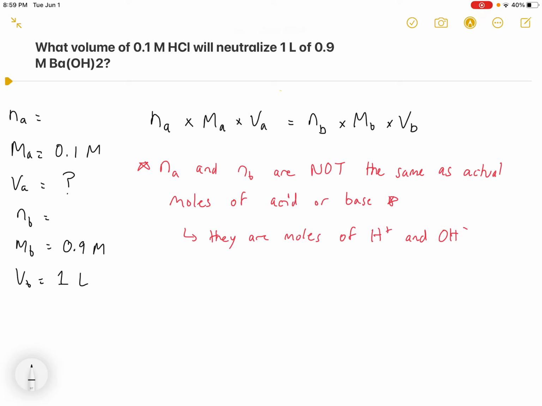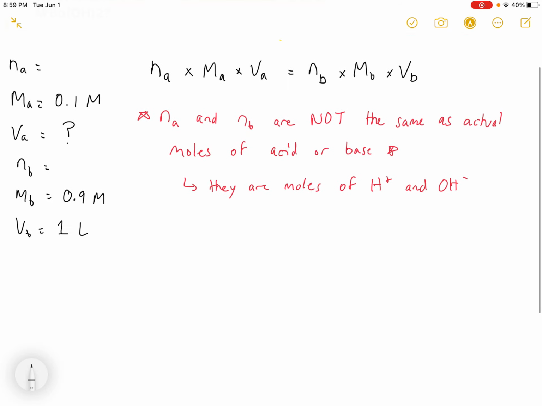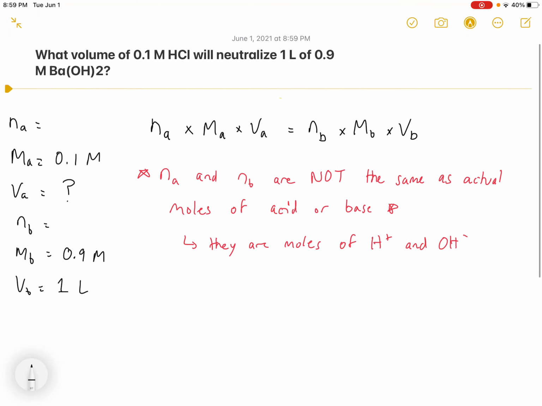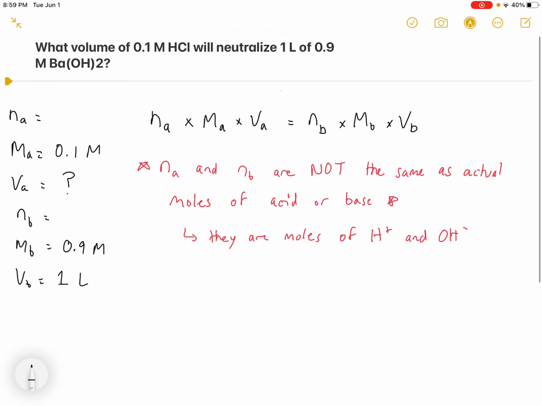Now determining Na and Nb is very similar to a previous example video where we looked at how many hydrogen ions are produced from the ionization of sulfuric acid. We're just going to write the ionization and dissociation equations really quickly for HCl and barium hydroxide. HCl makes 1 H plus and 1 Cl minus.